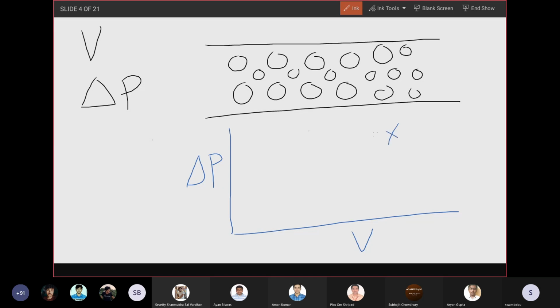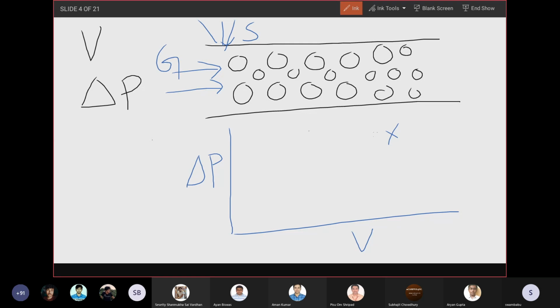Since we are blowing the air at high velocities, the particles are suspended, and this is the pressure drop. And this is the solid feed, right? We are feeding the solids here, and we are feeding the air, gas, here.